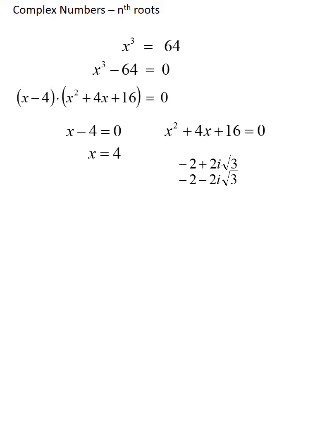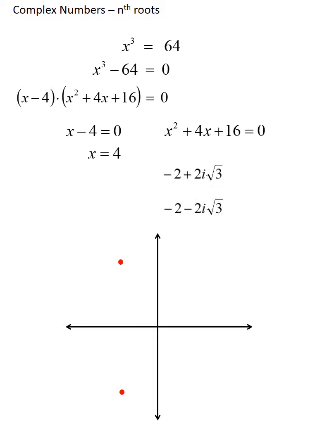Well, for whatever reason, curiosity, I'm sure, they decided to graph those solutions as we would graph complex numbers ordinarily in the plane. And what they discovered when they graphed those 2 solutions, along with the solution that they knew, 4 or 4 plus 0i, is that some interesting things came to light.